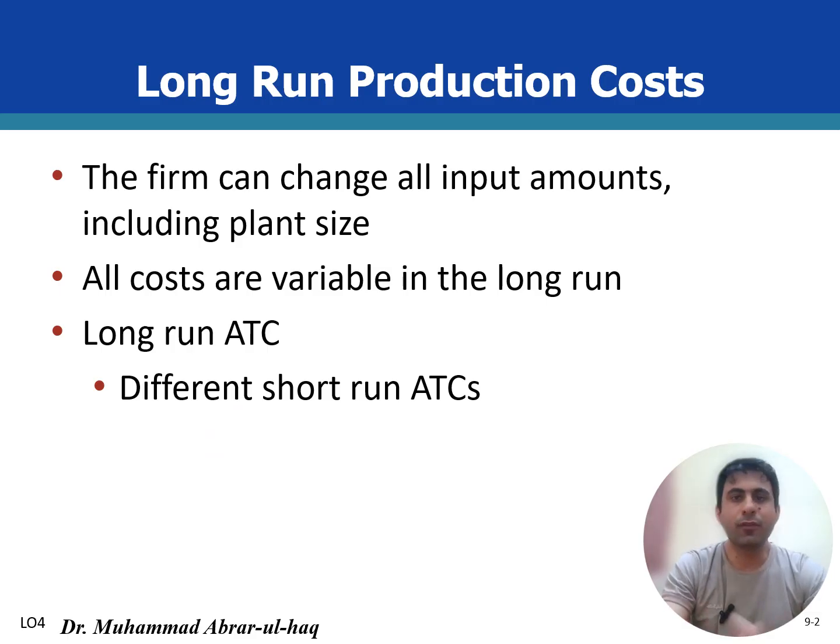The concept of long-run cost centers on a firm's ability to adjust all the input factors, including the size of its production facilities or plant size, or maybe the labor. So land, labor, capital, all the factors of production will be variable, unlike the short run, where certain inputs like the plant size remain fixed.